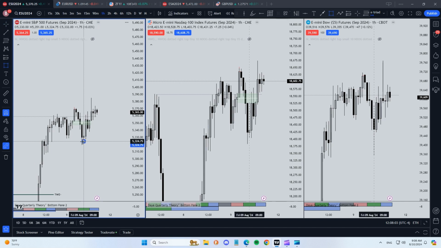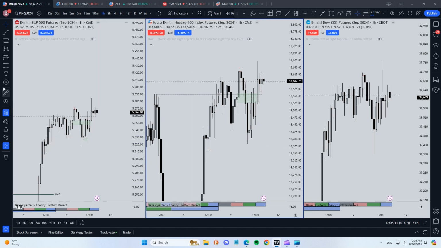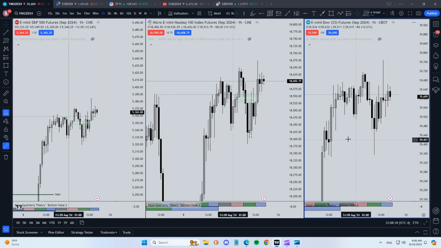So let's just take the low of the wick, I guess. Easier. Oh, that lined up perfectly. Wow. I didn't even expect that. And then obviously this one would be a lot longer.